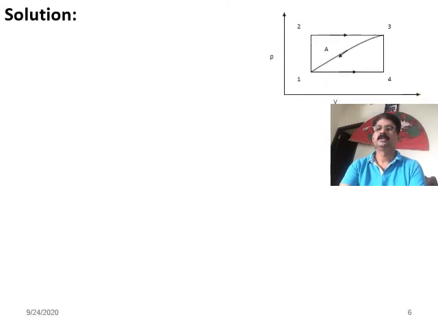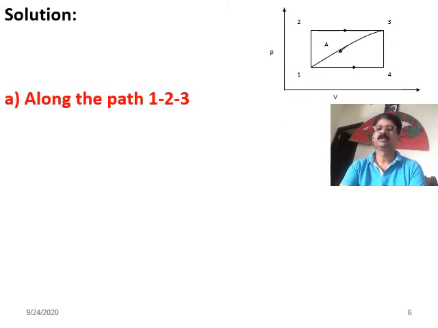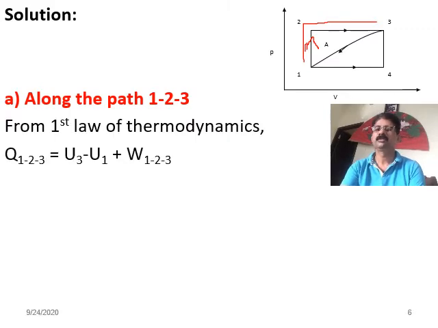Let us take the first part A, along the path 1 to 3. So 1 to 2, then 2 to 3, so this is the path 1 to 3. The process is moving from state 1 to state 3 along the path 1 to 3. From the first law of thermodynamics, Q1 to 3 is equal to U3 minus U1, that is delta U, plus W1 to 3.